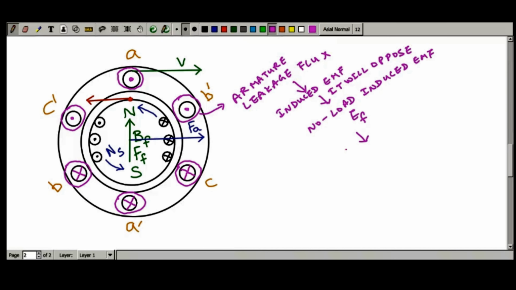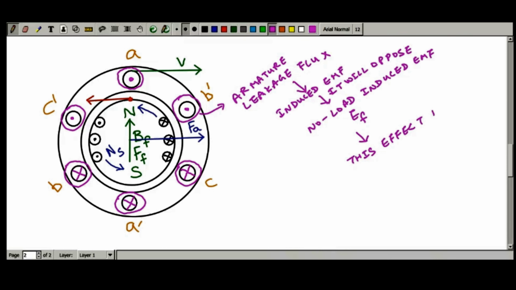So what is done, this effect, that EMF induced due to armature leakage flux is going to oppose EF, that is no load induced EMF.